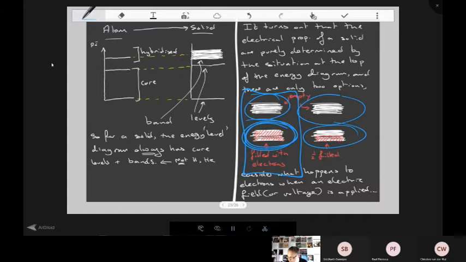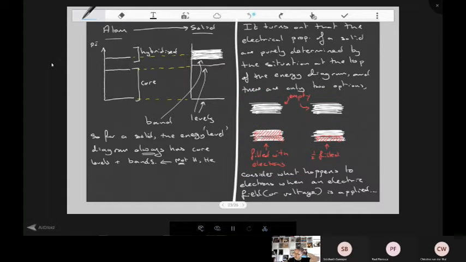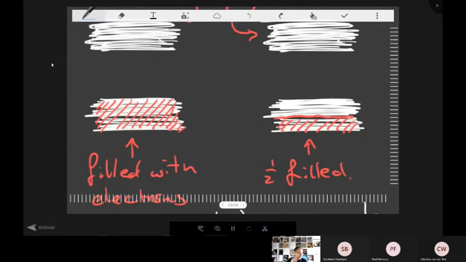I think we said this last week, but again, I'm desperate for you to try and get a good understanding of this. It is worth reiterating why it's important to realize that we are only talking about the top of the band. The answer is very simple.